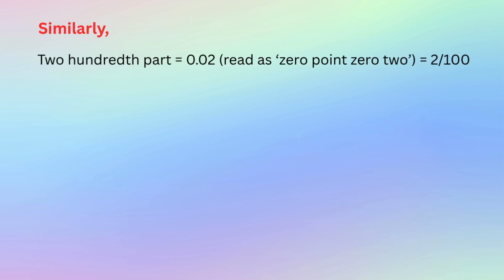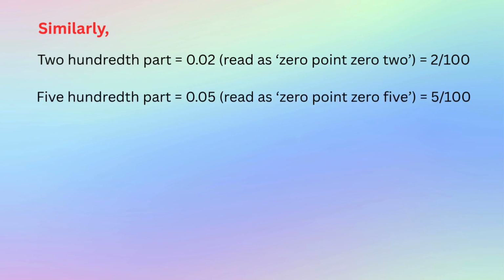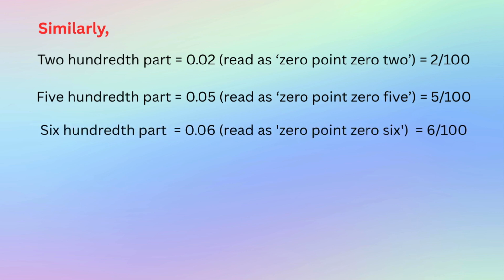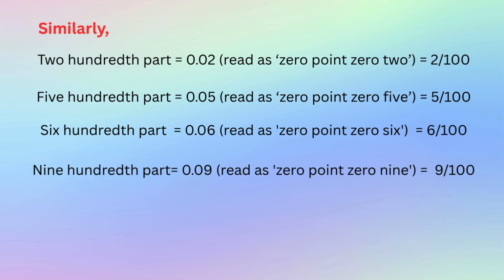Similarly, the 2/100th part equals 0.02, read as 0.02, equals 2/100ths. The 5/100th part equals 0.05, read as 0.05, equals 5/100ths. The 6/100th part equals 0.06, equals 6/100ths.